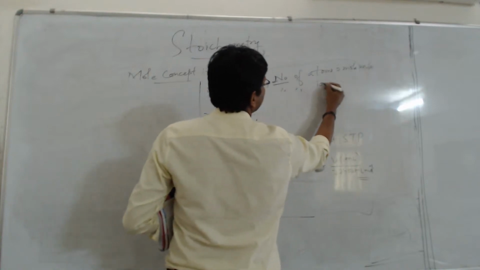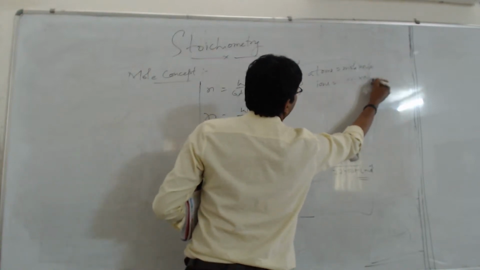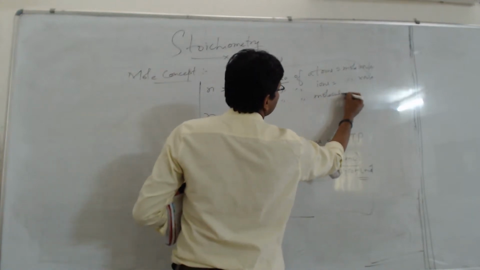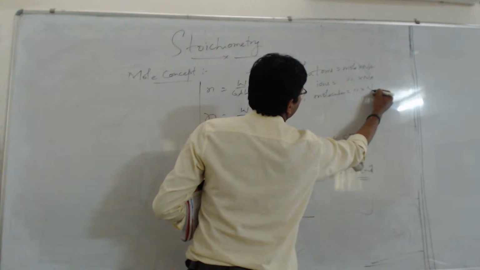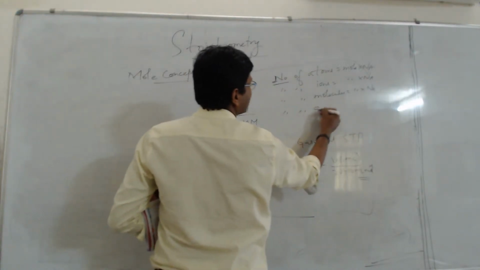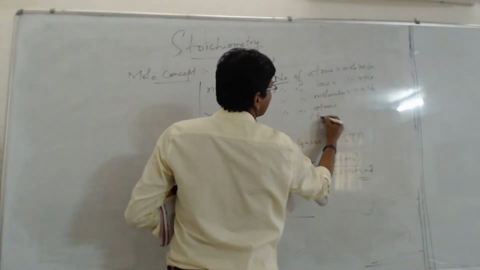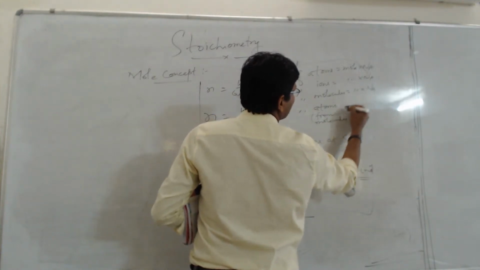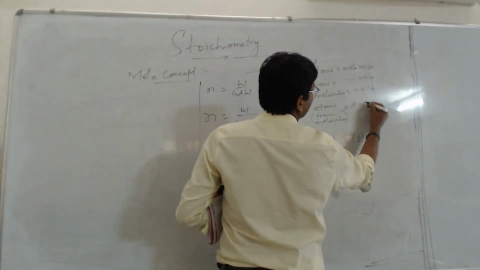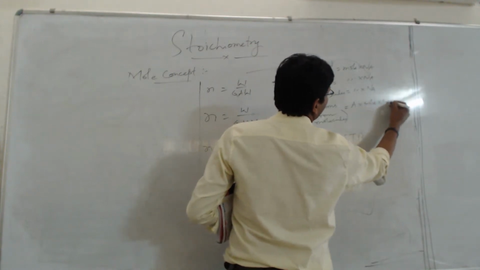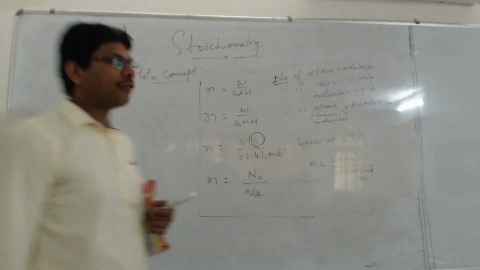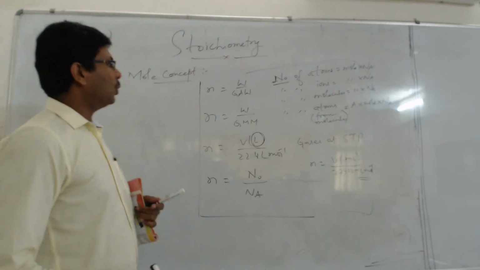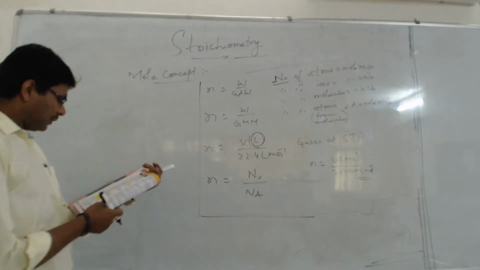Number of ions, mole into Avogadro number. Number of molecules, mole into Avogadro number. Number of atoms from molecules equals atomicity into mole into Avogadro number. So these are the formulas that you have to keep in mind before attempting or solving any questions of the mole concept. So let's start with a few questions.